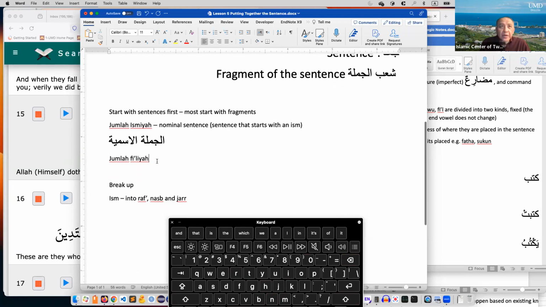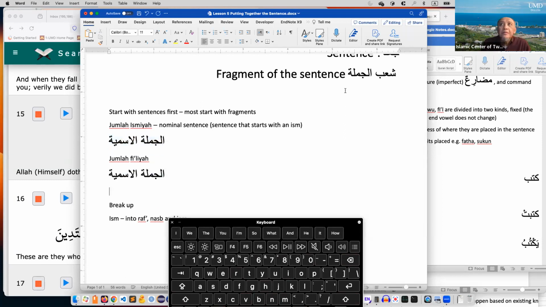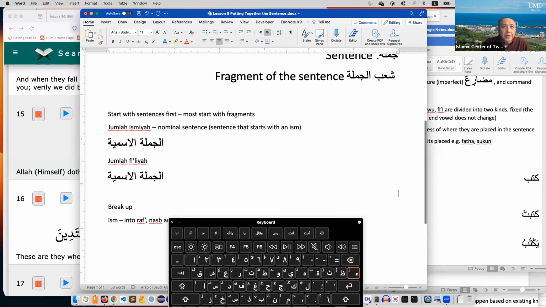The second one is jumlatul fi'liyatu. So al jumlatu, copy that and change this. Jumlatul fi'liyatu.